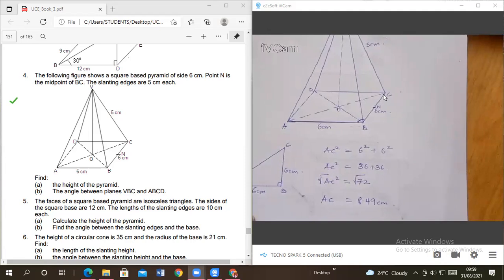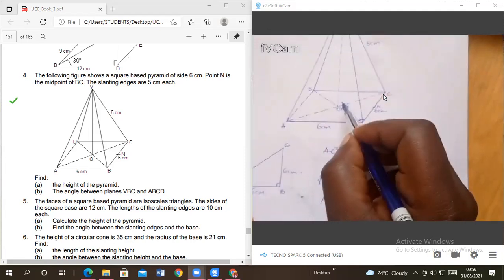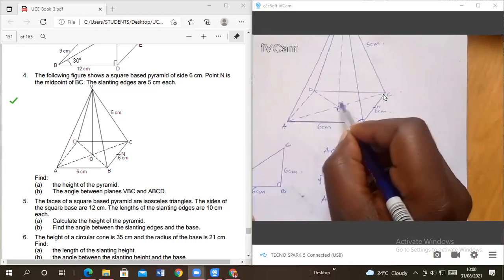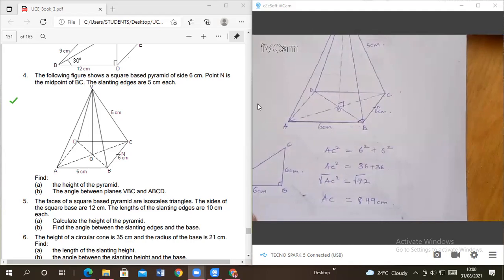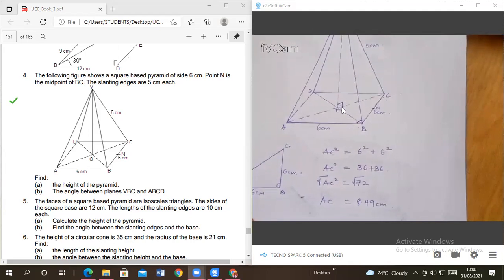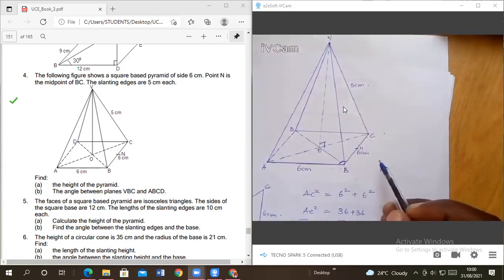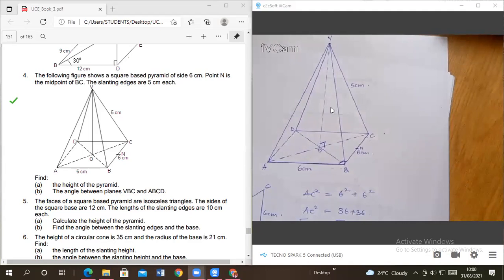So now you should know that at this point here we have 90 degrees. Yes? There we have 90 degrees at point O. So now for us to find the height of the pyramid, what are we going to do next?